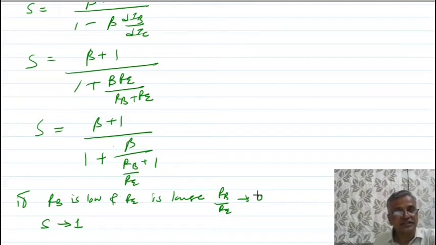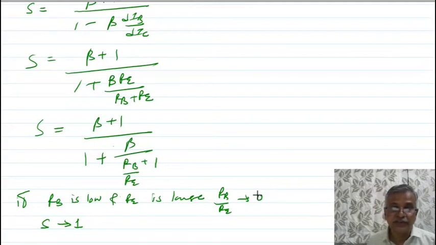So this discussion shows that the base bias resistor should be low. You cannot keep a large value of RE because feedback will be increased. As a result, the transistor may be driven into the cutoff region. So the base bias resistor should be very low.